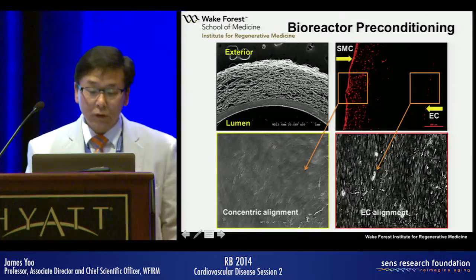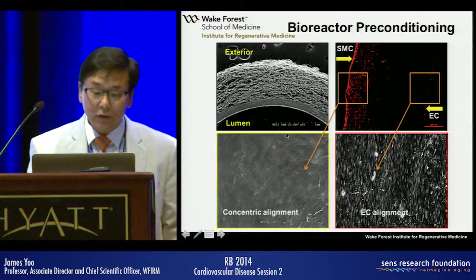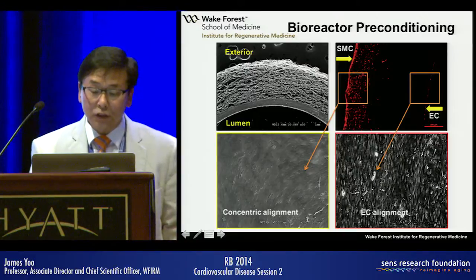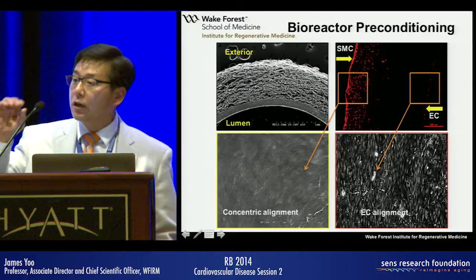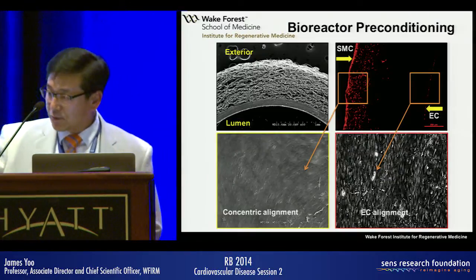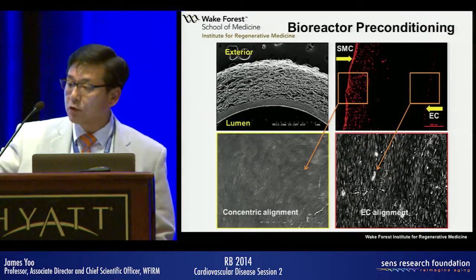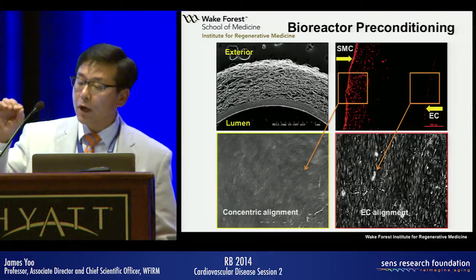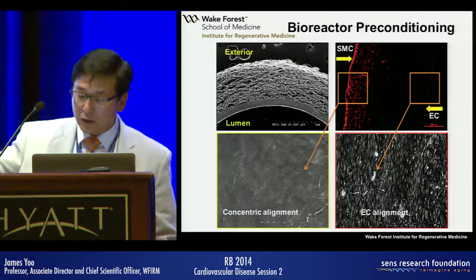So this is the scaffold seeded with cells, endothelial cells on the inner side, over here, with the bioreactor. With the bioreactor, you apply your cell construct onto it and you perfuse it. You have a steady flow and increased flow over time.